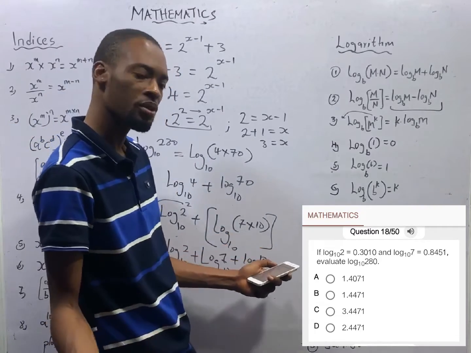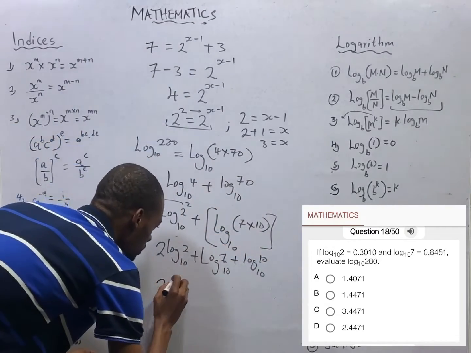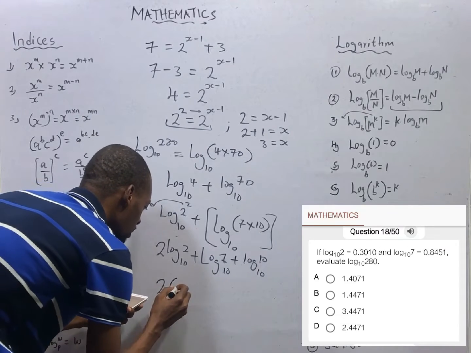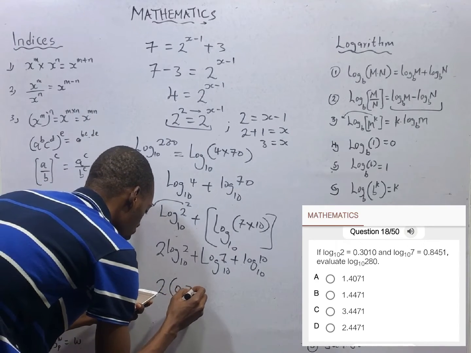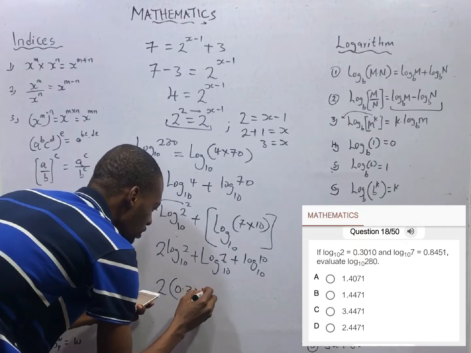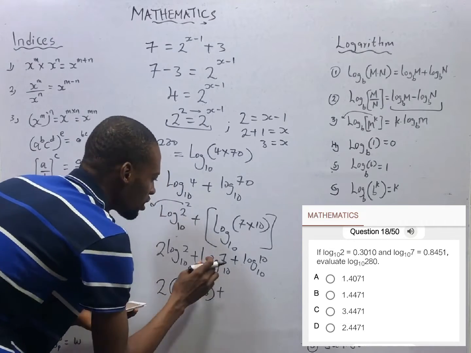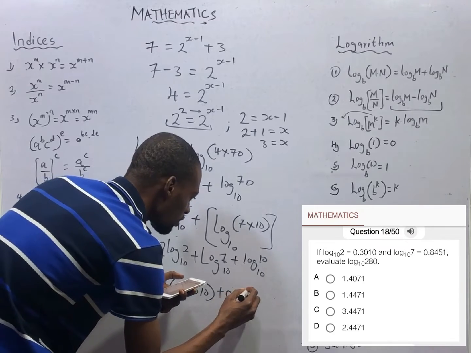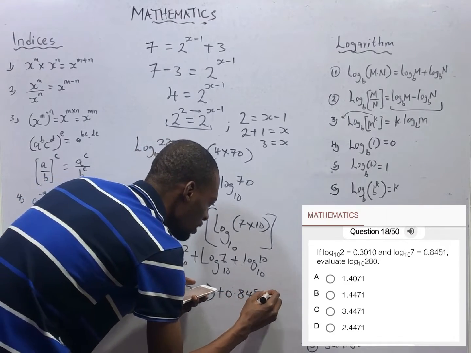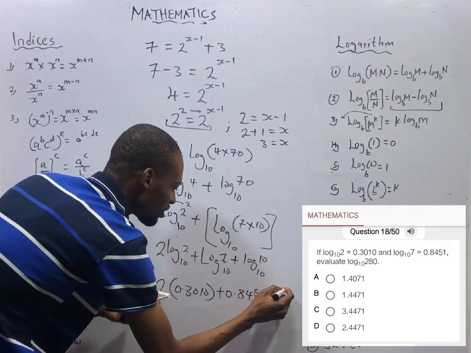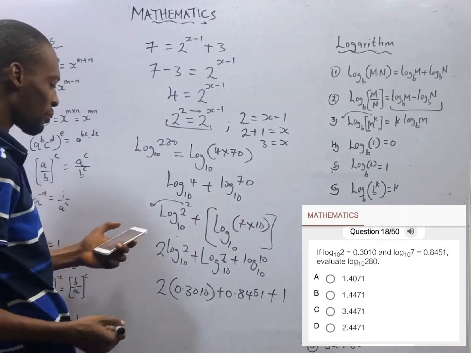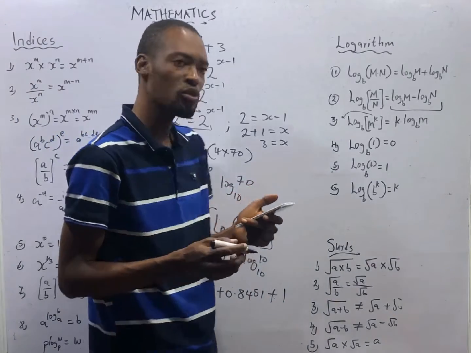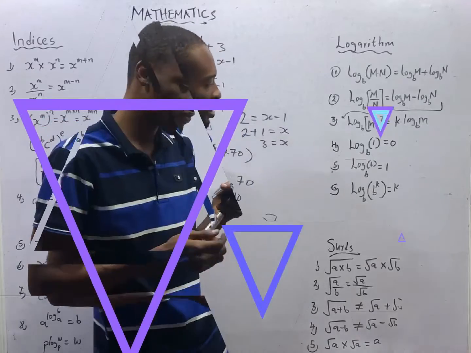We simply substitute to have 2 times log 2 to base 10, they said 0.3010, plus log 7 to base 10, they said 0.8451. Then plus log 10 with base 10 is 1. So if you do this operation, you should be able to arrive at 2.4471.